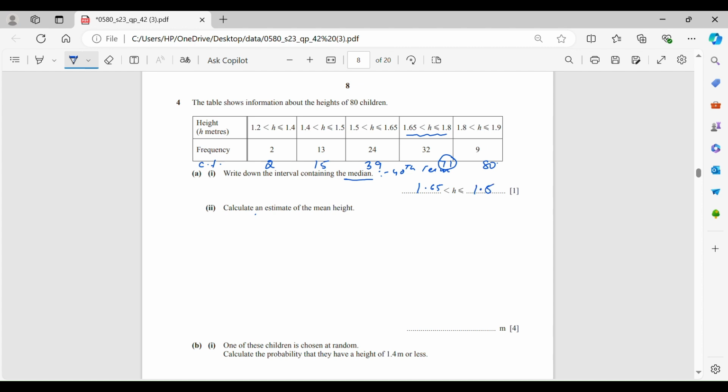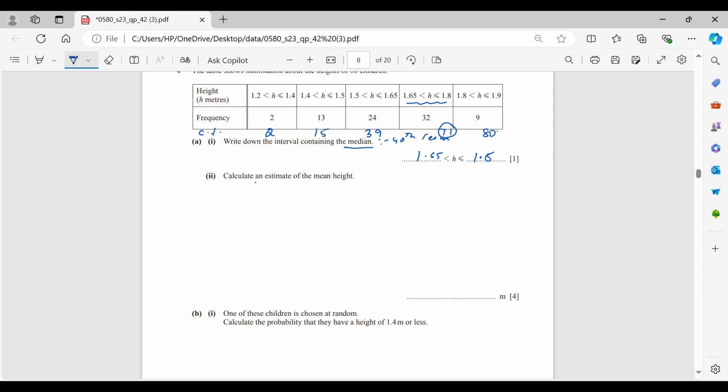So next, second part, calculate an estimate of the mean height. For that we need the midpoint of the heights. Let's find the midpoint of the height, let it be x1, right?